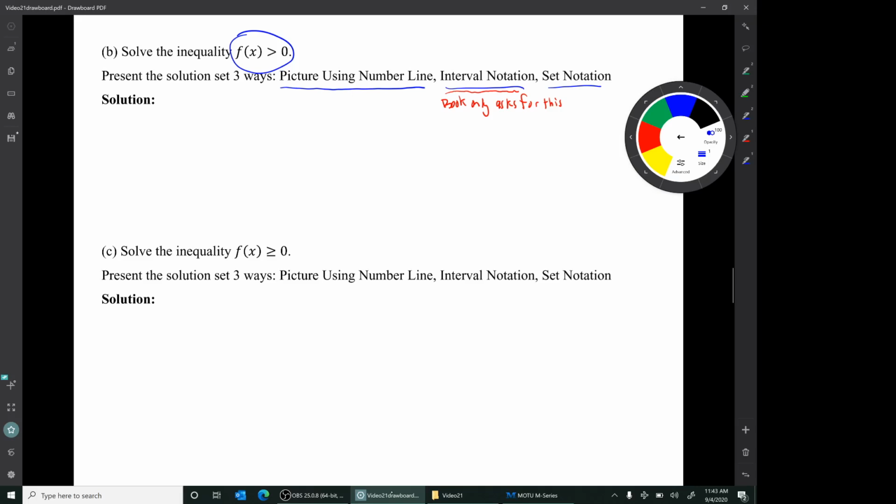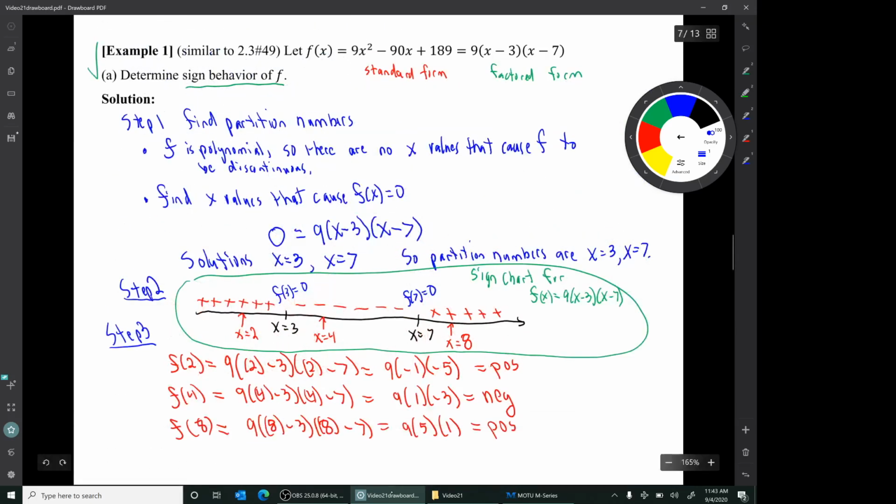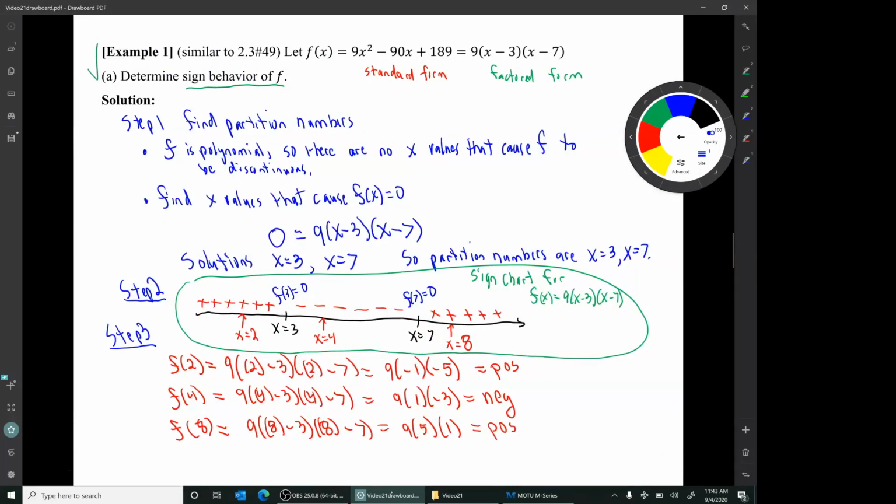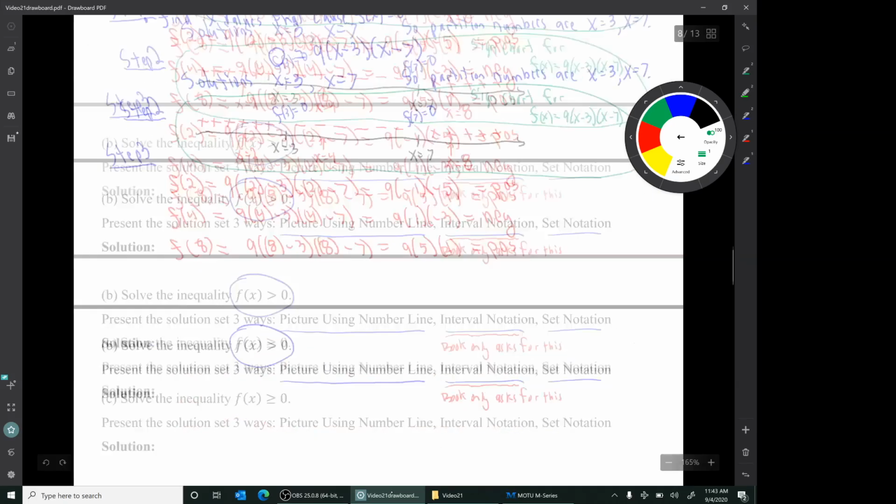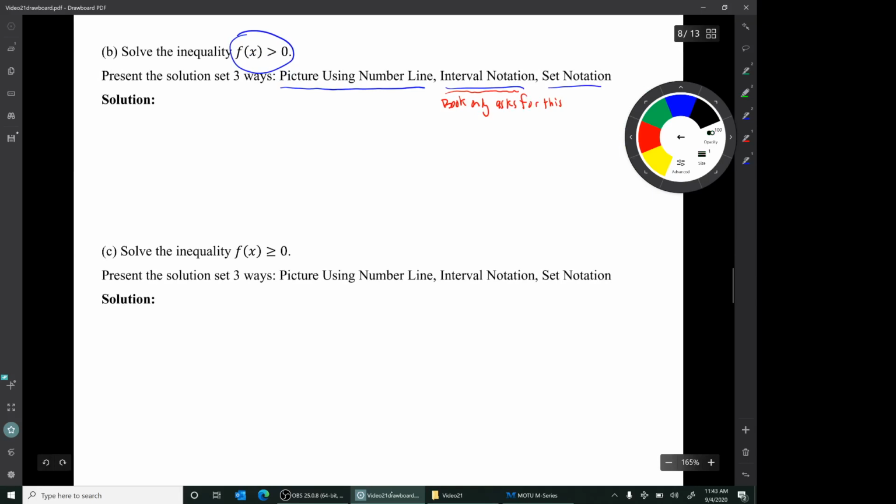So we're supposed to find the x values where the y value is greater than 0. If you go up to our diagram, you can see that those x values are out here and out here. So our picture using a number line could be this.